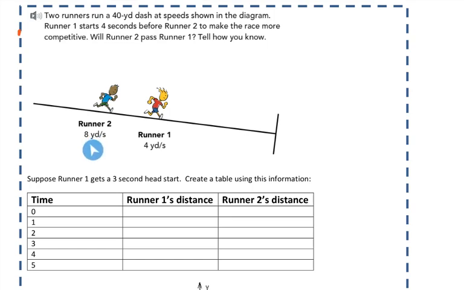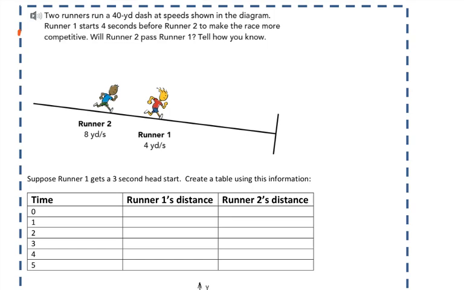So here, runner 2 is running 8 yards per second, and here it says that runner 1 is running 4 yards per second. But runner 1 has a 4-second head start. So if you think about the 4-second head start with 4 yards per second, that means that runner 1 will have run 16 yards already before runner 2 starts.